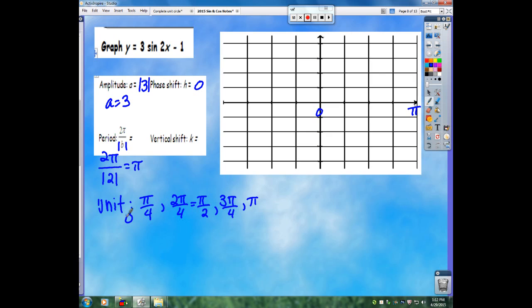This is going to give us our 5 key points: 1, 2, 3, 4, 5. This is our scale for our graph. And you must scale this, otherwise it won't be correct if you graph it without a proper scale on it. So those are our 5 key points, and then you need the negative ones. And yes, you have to write both sides.